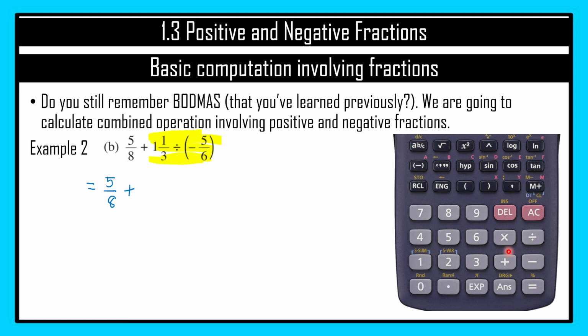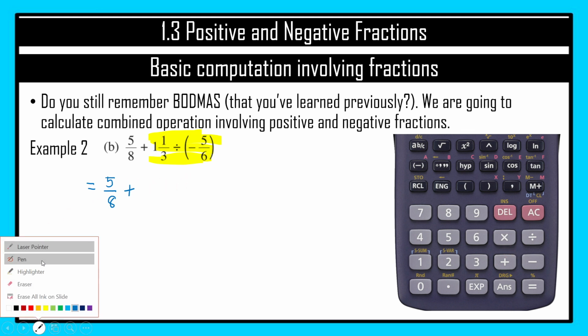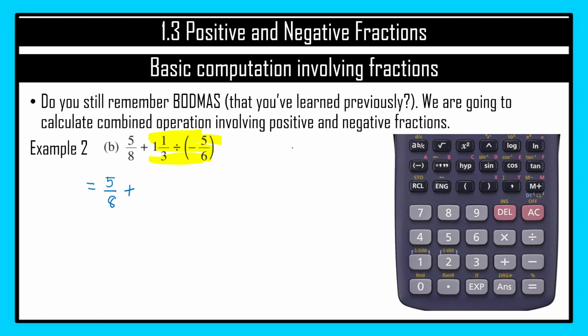Okay, what did you get? Okay, so on your calculator, you will see it is negative 1, something like this, 3. So how you write it is negative 1, 3 over 5. But I do not want to write in this mixed fraction. I want it in improper fraction.